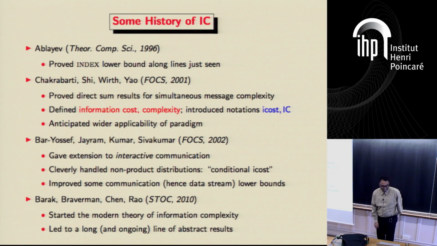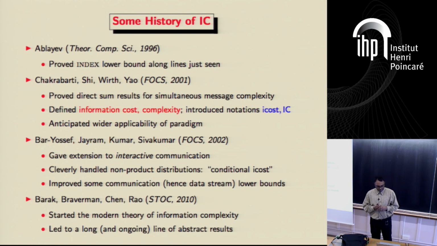Fine. So in this paper of Barrios et al., which really is, I think, the pivotal paper in information complexity, they started to realize the full potential of this idea. So they generalized these ideas to interactive communication, and they cleverly handled an issue that comes up when input distributions are not product distributions. So with this idea of conditional information cost, we will see this later in the talk.